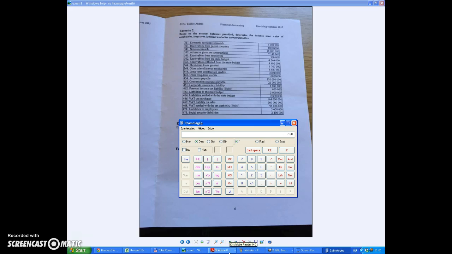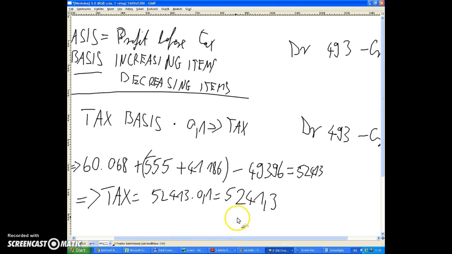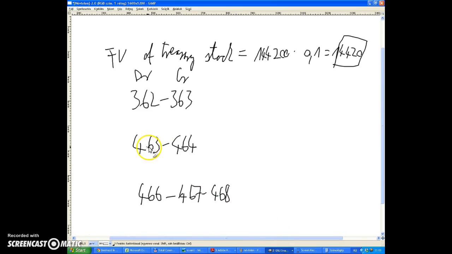Because usually these current liabilities have a credit balance, but now we have to get the net balance. Okay, the next one, let's see what other outliers are there. The 463 and 464. 463 usually has a credit balance, while 464 has a debit balance.